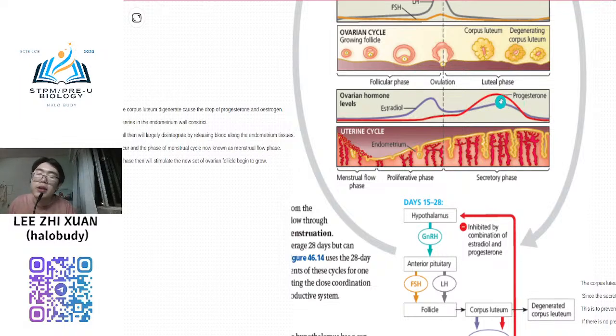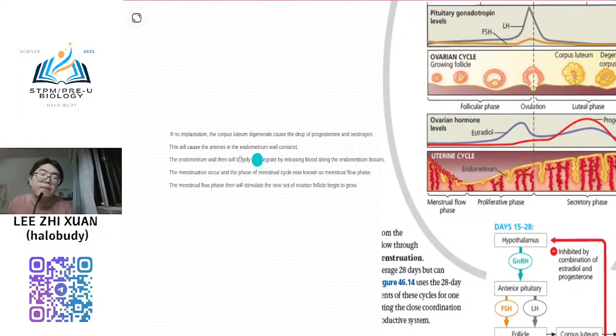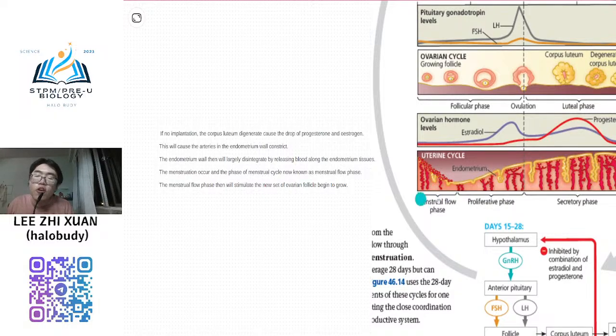So now progesterone and estrogen have already declined. So your endometrium wall cannot maintain its thickness, so it will start to break down. So firstly, the uterine blood vessels start to constrict, and then the endometrium wall will largely disintegrate, releasing blood along the endometrium wall, and then menstruation will occur. So it will reach the menstrual flow phase. So the menstrual flow phase will stimulate a new set of the ovarian cycle to begin to grow.